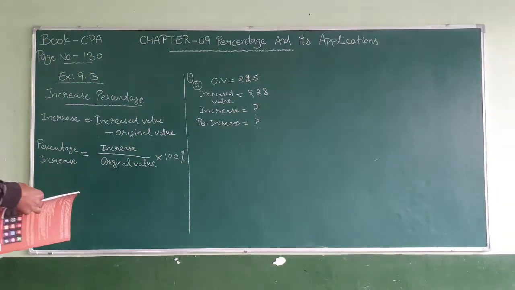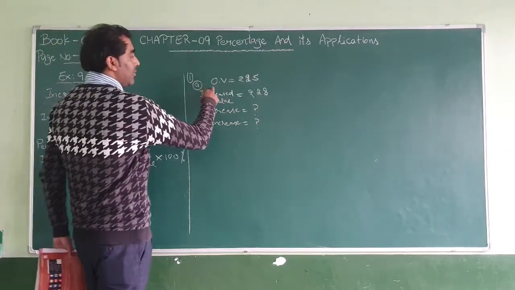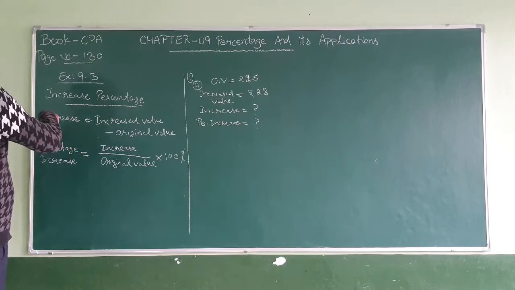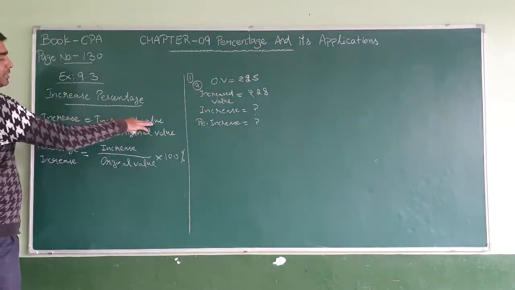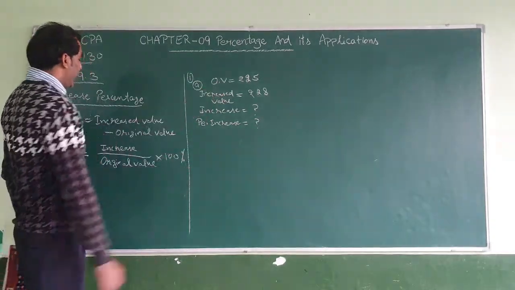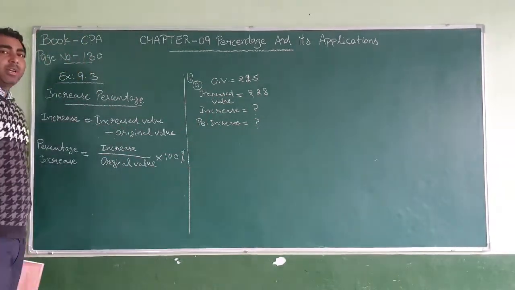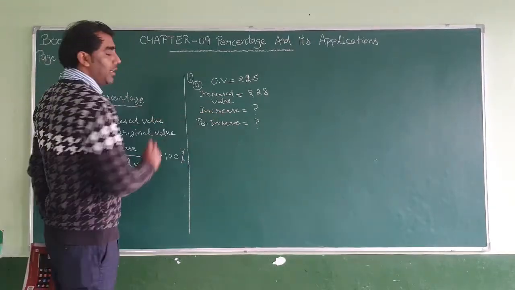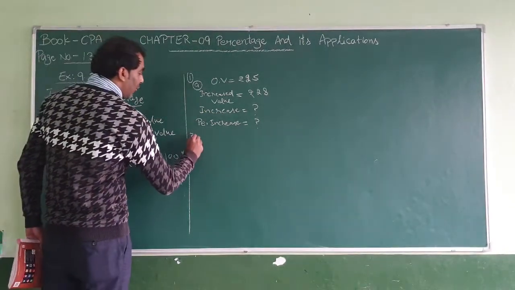So first of all we have the original value and increased value, so what is the formula of increase? Increase equal to increased value minus original value. We can find the increase.